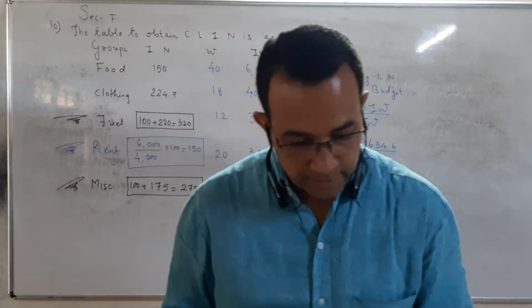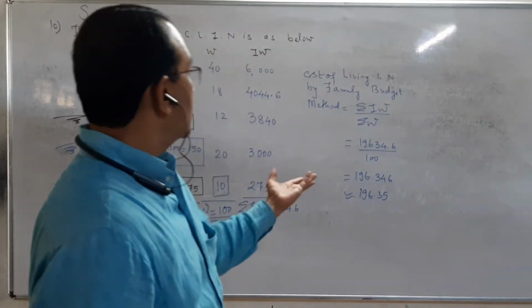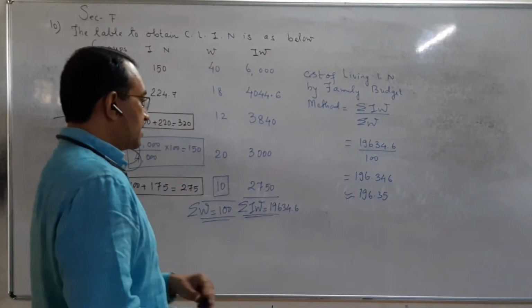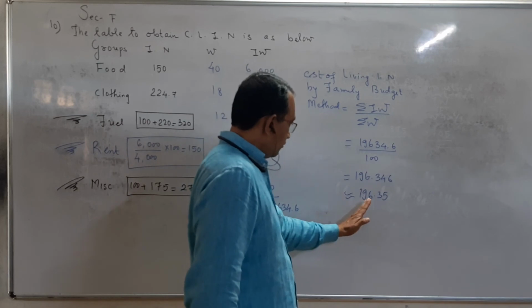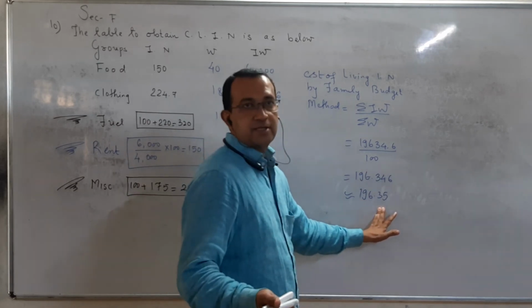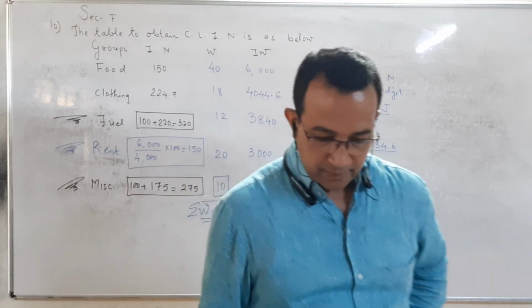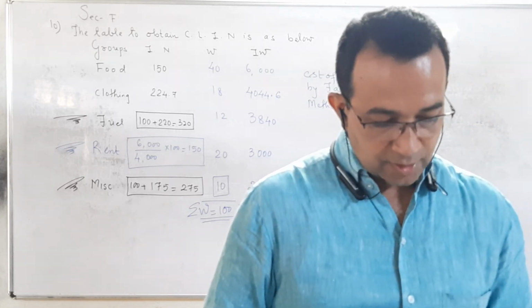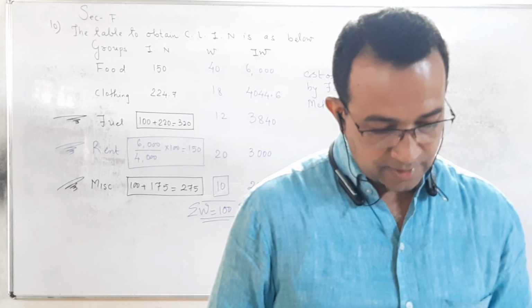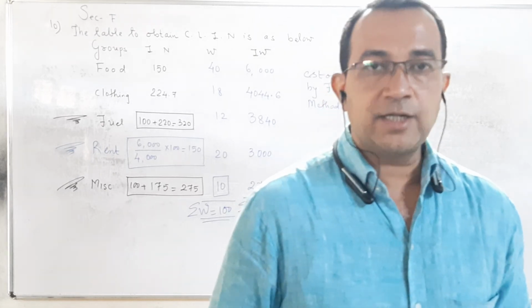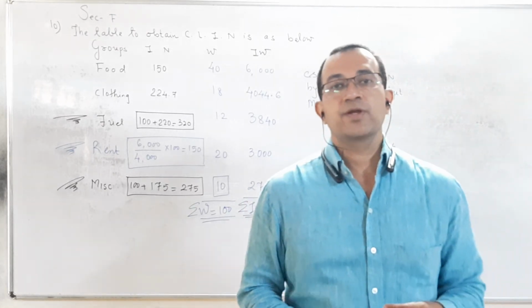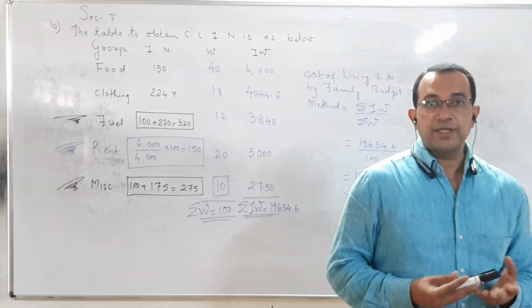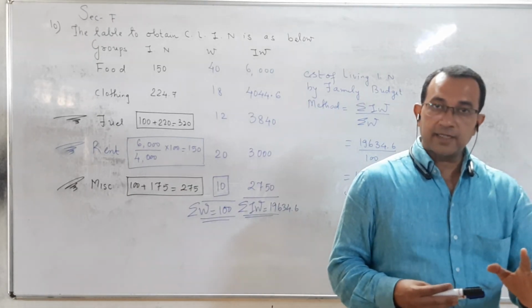Then students, interpretation. So the cost of living in the current year compared to base year has increased by 196.35 minus 100, so 96.35%. So almost double, students, the cost of living index number has almost doubled compared to the base year. So to write interpretation, we follow only one technique.